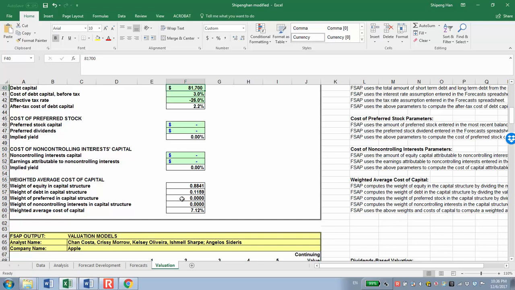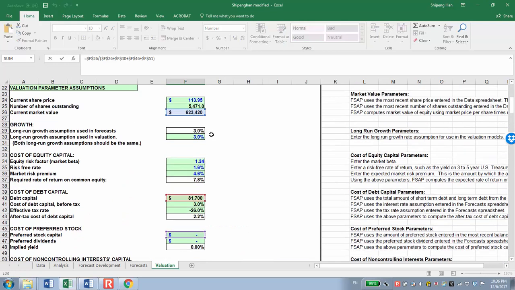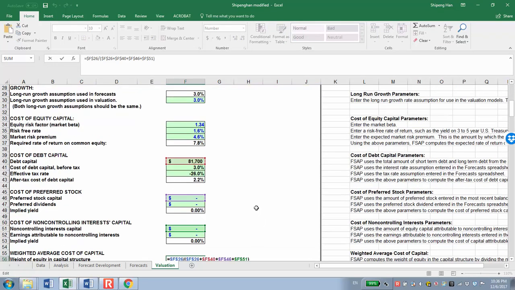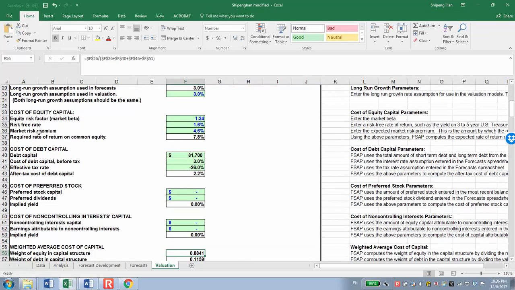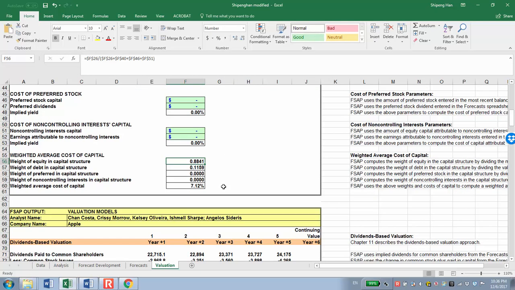And the other two variables are 0 because there is nothing there. Each weight multiplies the cost of each capital, so the weighted average, or WACC, is 7.12.